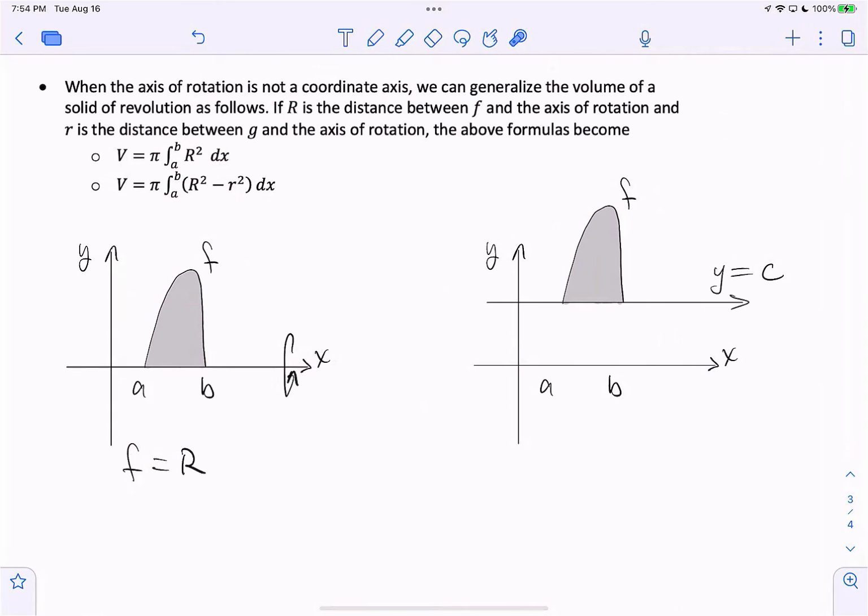Now what if we take that region and lift it up a bit and rotate it about y equals c? Then our radius is the distance between a function value and the constant. So here we've got that r is equal to f minus c. And that's what's meant by r is the distance between f and the axis of rotation.